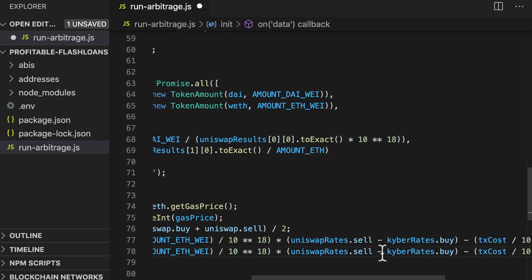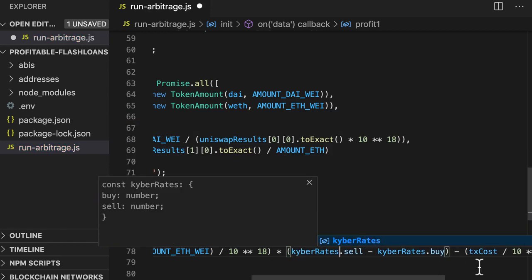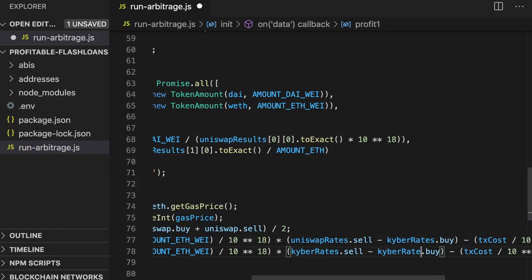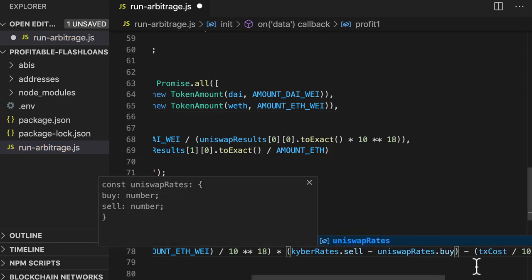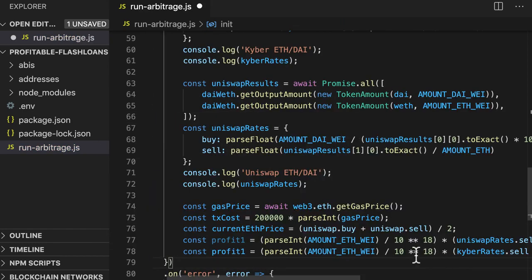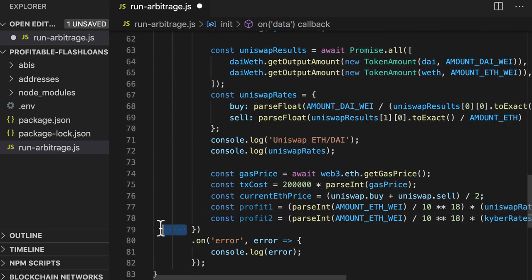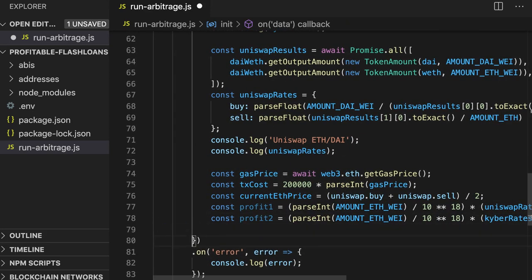So if we buy on Uniswap and sell on Kyber, so in this case it's going to be Kyber rates sell minus Uniswap rates buy, and the rest is exactly the same. This is profit 2. And so now if either profit 1 or 2 is positive, then that means we have an arbitrage opportunity.